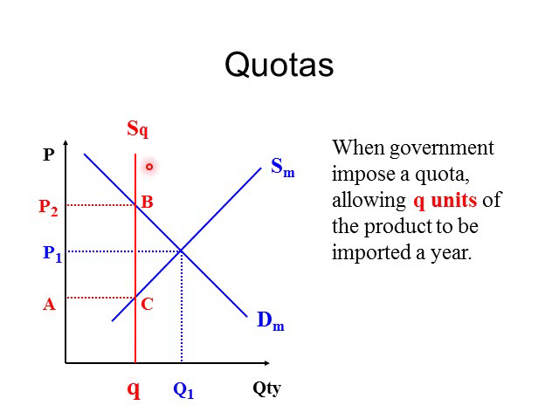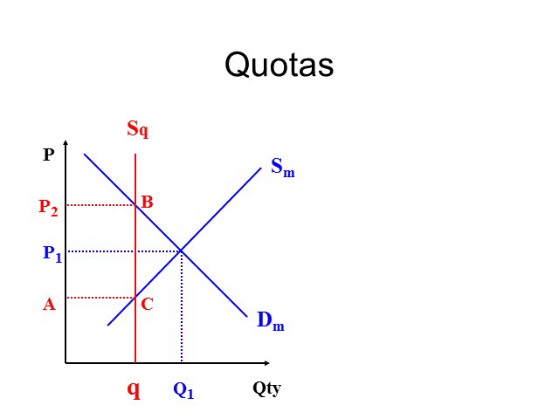If this is the new supply curve, take note of where the equilibrium point is now. The equilibrium point is now at B with a price of P2. So consumers now have to pay a higher price if they still want the imported good. Now let's take a look at the effects of a quota.